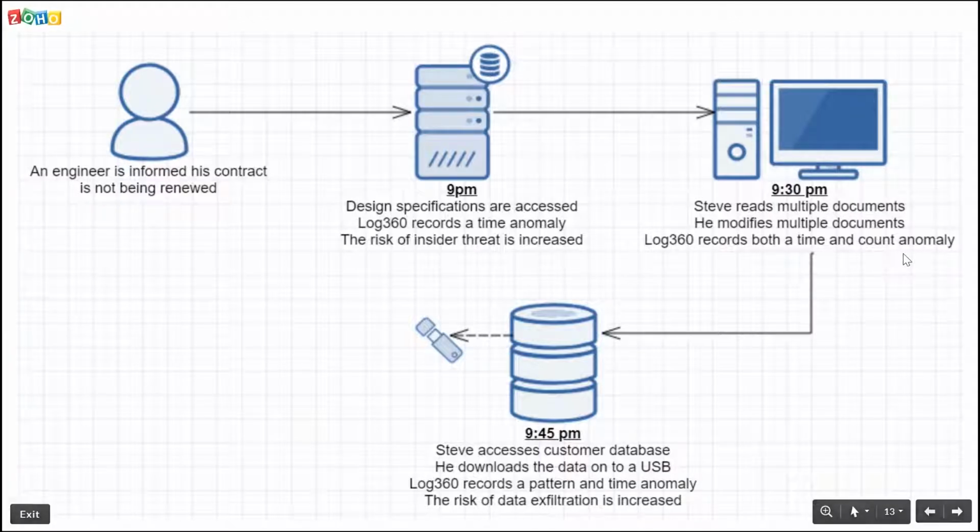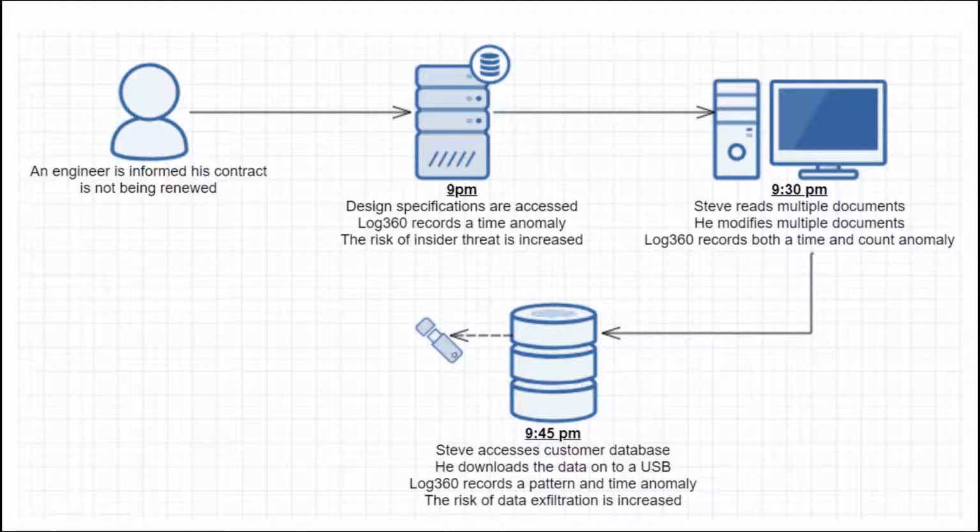Each of these anomalies has a risk score associated with it, and Steve, who is by now associated with a series of anomalies, has an overall risk score that is constantly increasing. Finally, Steve accesses the customer database, which obviously contains very sensitive customer information. He downloads all of the data onto a removable device, and this is something that he's never done before.